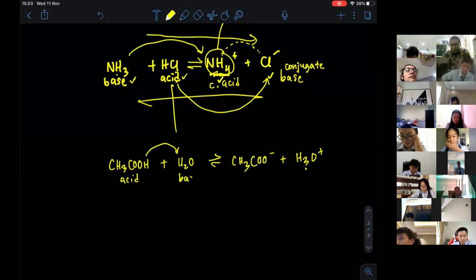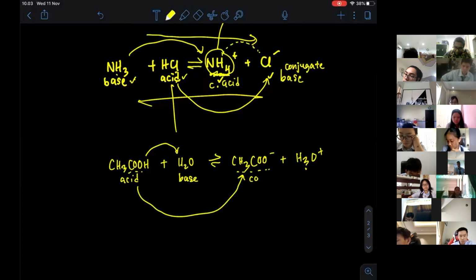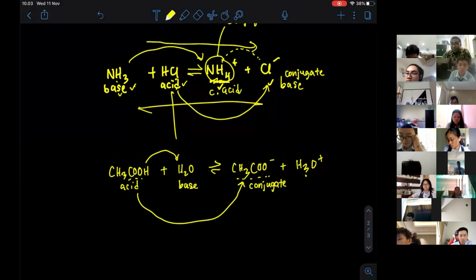Behaving as a base and being a base are different. Why is water behaving as a base? Because water is receiving the proton. Now, when this acid loses the H plus, it is going to give you this, so this one will form conjugate what, Jordan? The idea is if you have base, this will become acid.